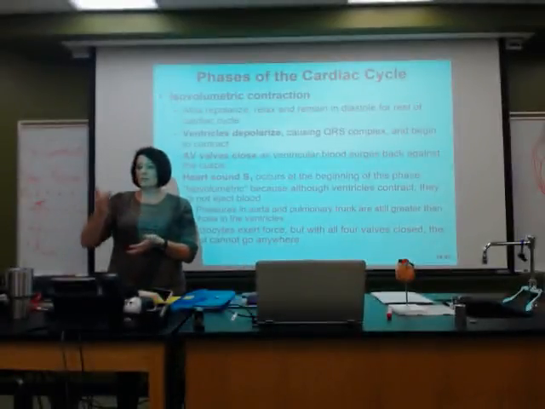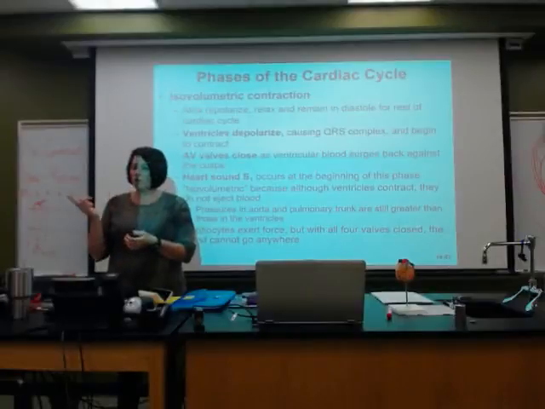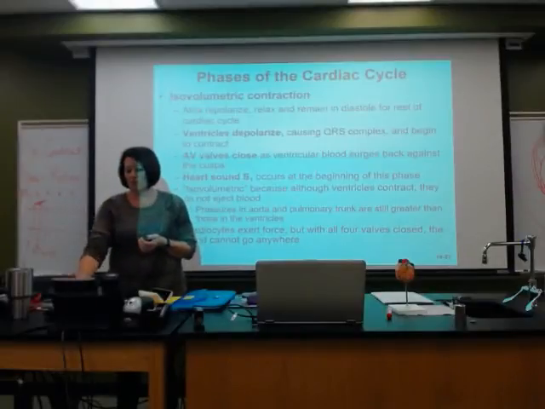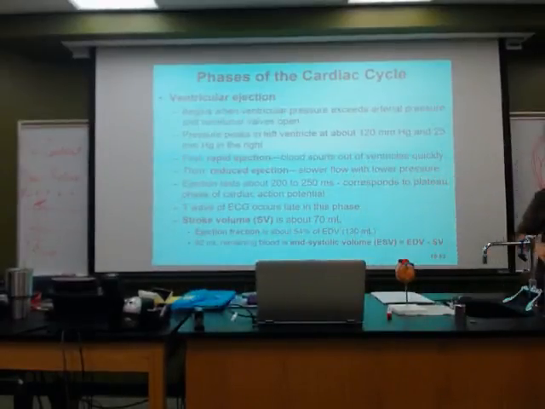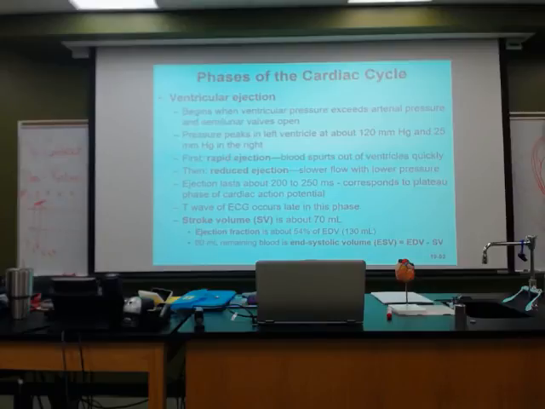Okay, so after we've gotten to this point now, where the blood has filled the ventricles, we know that sound 1 is those atrioventricular valves closing. The ventricles are trying to contract, but at this point, all valves are closed, and then we begin to get the ejection of the blood, and sound 2 is going to be that semilunar valve opening.